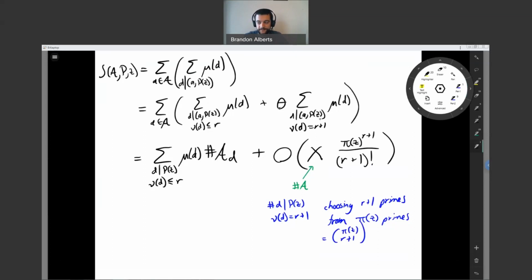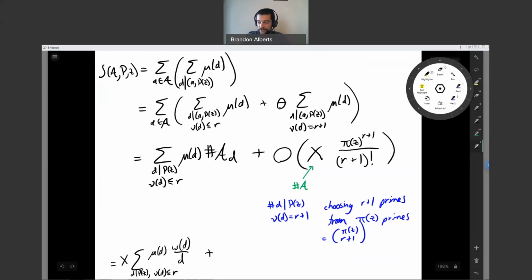Okay. So at the last step, what do we do? This sum on the left, this is going to have the sum of our main terms. So when we approximate A sub D, we have that X, mu of D, omega of D divided by D, with this truncated sum.